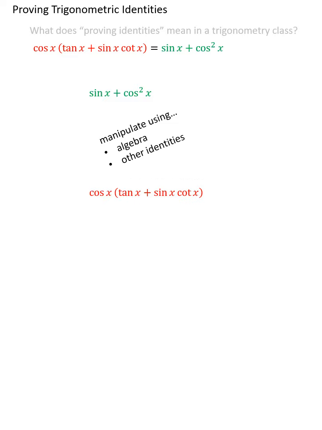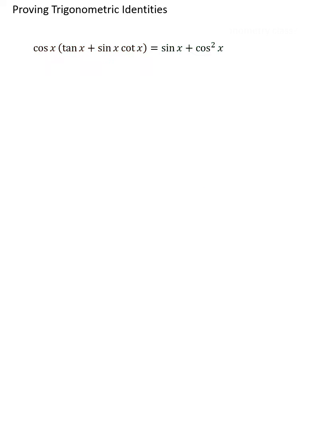So it doesn't matter which side you start with, but you have to pick a side and start with it and show that it equals the other side. And if that seems a little vague, I think it'll make more sense after you see this proved. So, what I'm going to do here is start with the left side of the equation.